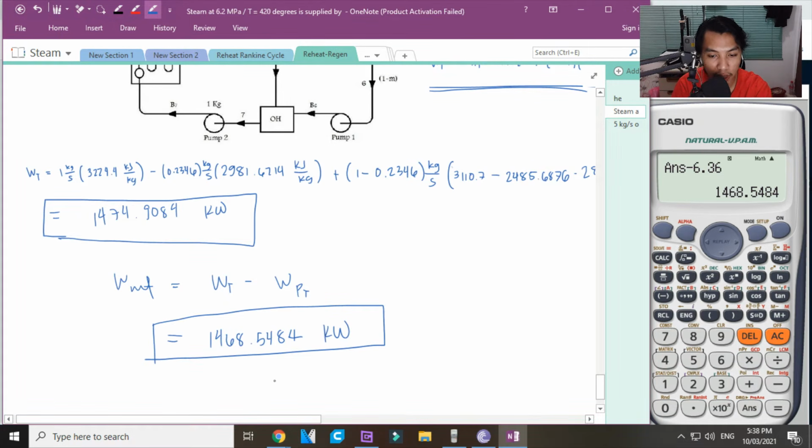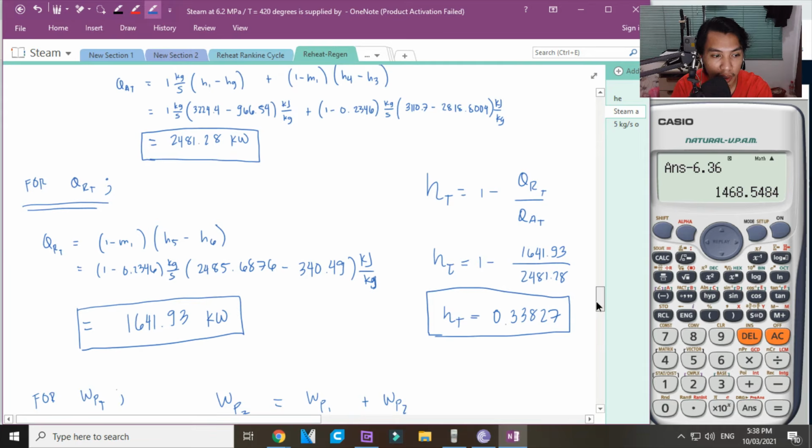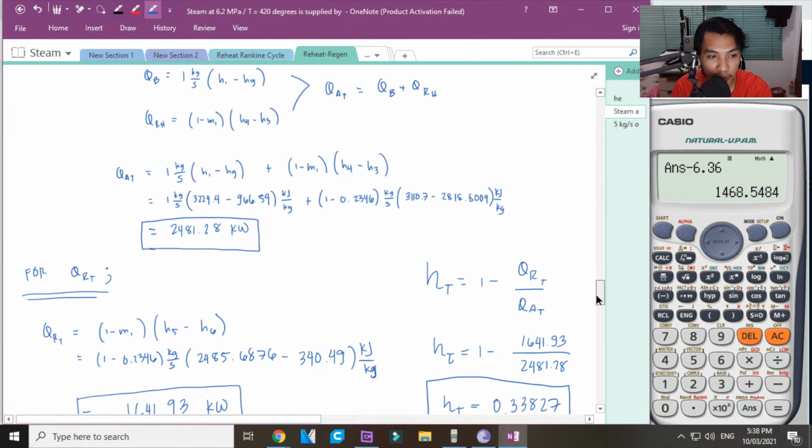Check natin kung tatama ba yung net cycle efficiency. So that is work net over QA. Work net, that is 1468.5484 divided by QA. What is QA natin? QA total, 2481.28.